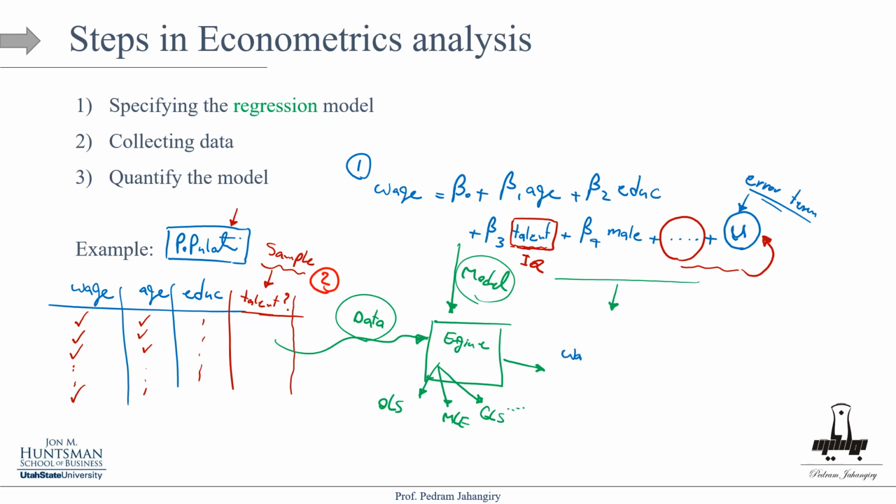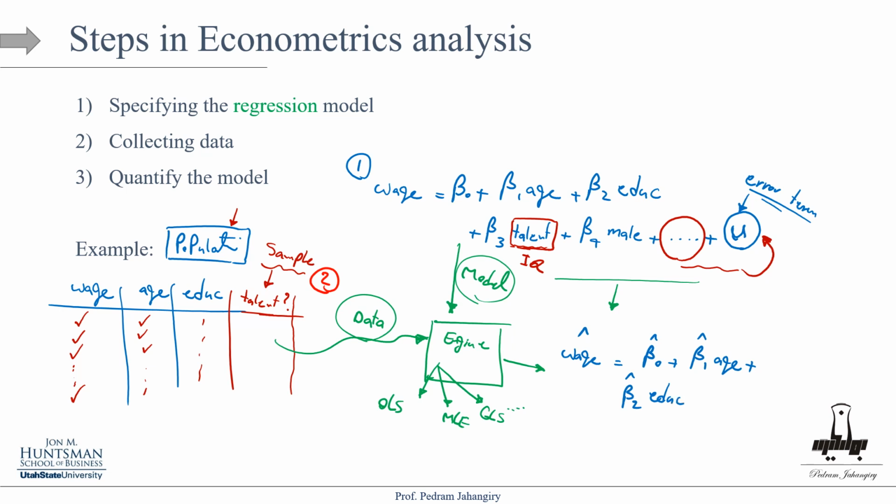It's going to be your wage hat. I put a hat on top of it because these are the predictions of the wage, right? And it's an estimated version of your beta 0, which is beta hat 0, estimated version of your beta 1, which is beta hat 1, and etc. So let me do beta hat 2 education.